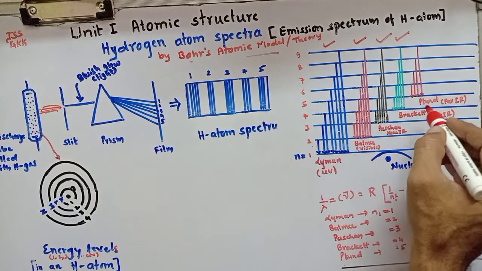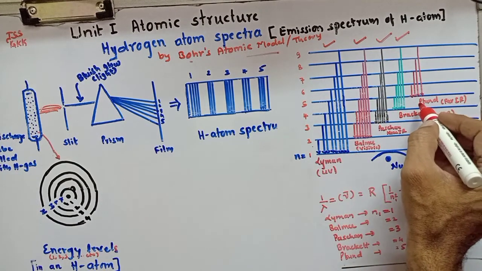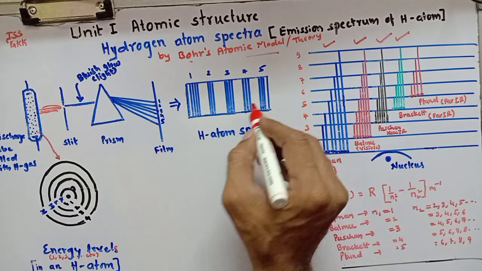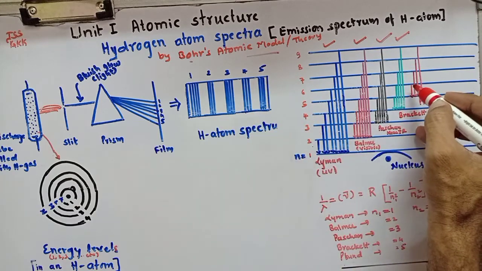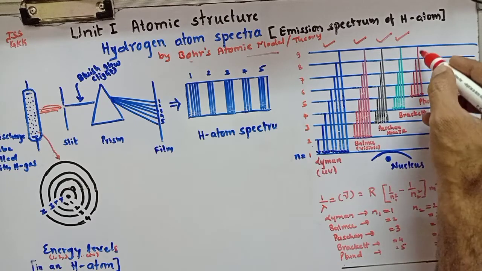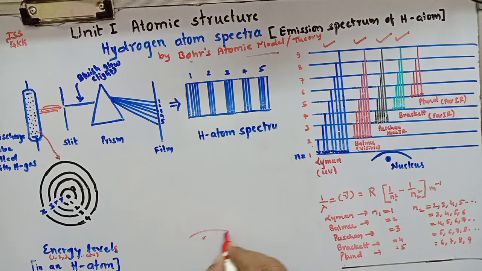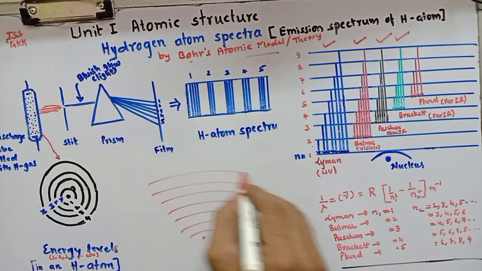Similarly, the last series of spectral lines, the Pfund series, will be produced in the emission spectrum of the hydrogen atom when de-excitation of the electron takes place from different higher energy levels to the 5th energy level. So for the Pfund series, the 5th energy level becomes the lowest energy level.